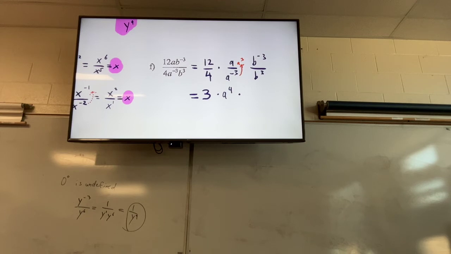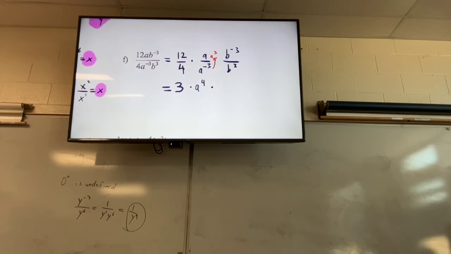And then this last one, what's the b factor? Chris Collister, you know what that b becomes? b to the negative 3 over b cubed. Yeah, 1 over b to the 6th. So this b to the negative 3 has got to move down and become b to the positive 3 on the bottom. That becomes 1 over b to the 6th.